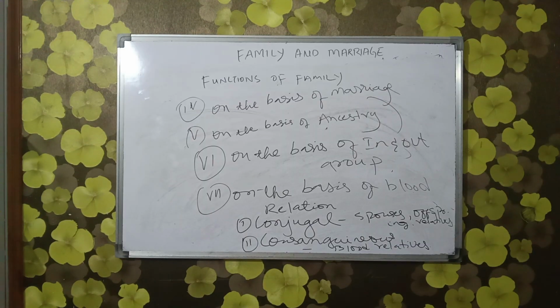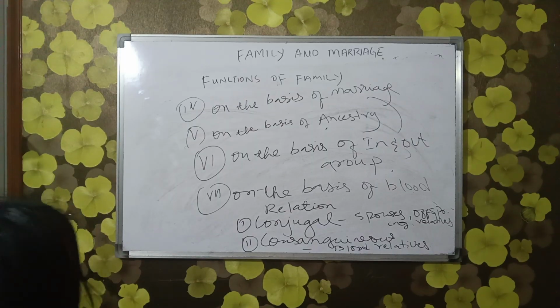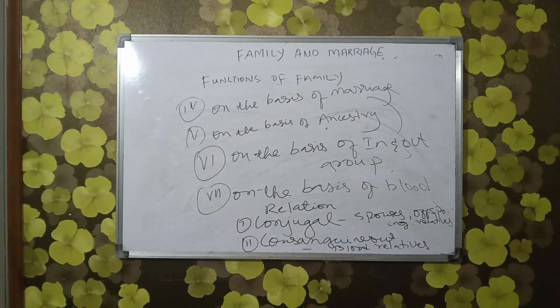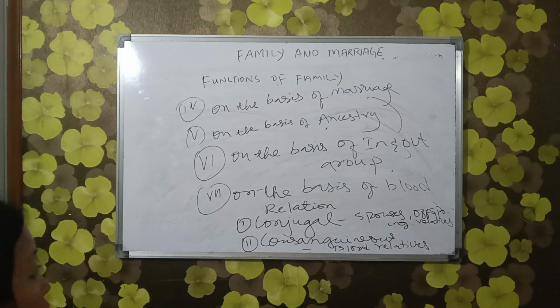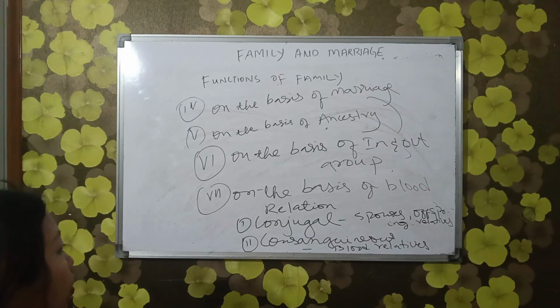So there are 7 types of family. The first one is based on authority, the second is on the basis of structure, the third on the basis of residence, the fourth on the basis of marriage, the fifth on the basis of ancestry, the sixth on the basis of in and out group, and the seventh on the basis of blood relation.